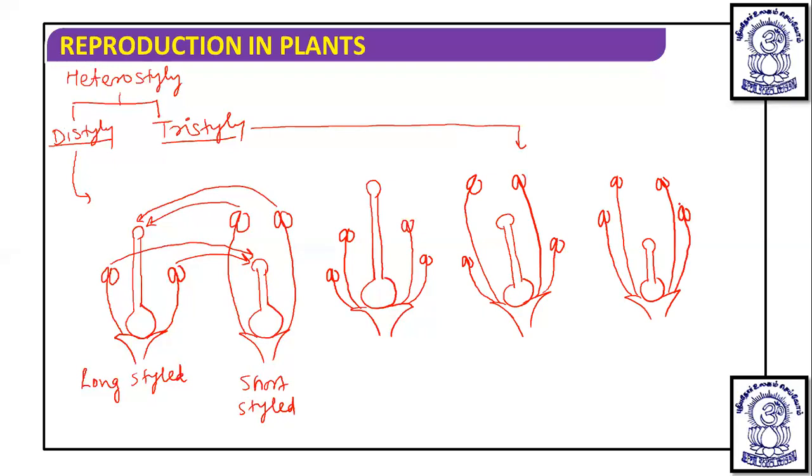So these three types of flower can be found. In the first type of flower, the style is longest; in the second, the style is medium sized; and in the third, the style is shortest.